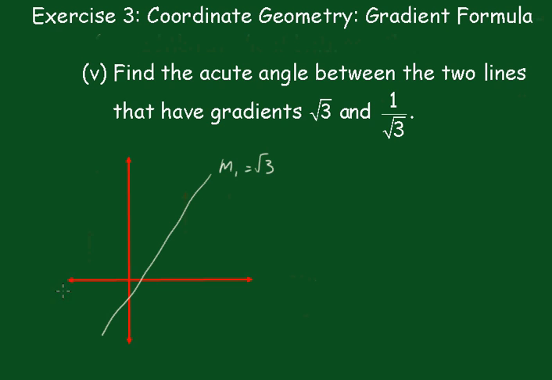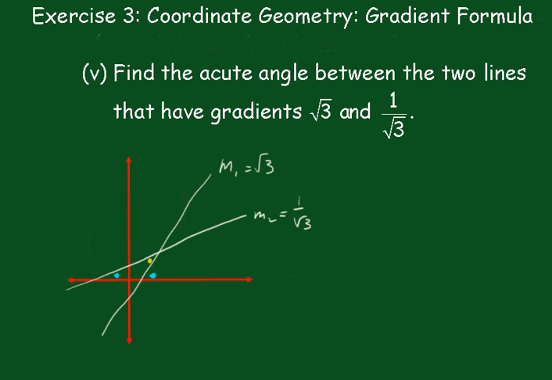And a shallower one going this way, m2 equals 1 over root 3. And we want to find this acute angle in here. We want that little one in there. And we're going to find this angle here, in a different colour. Want that one there. And we want that one there.